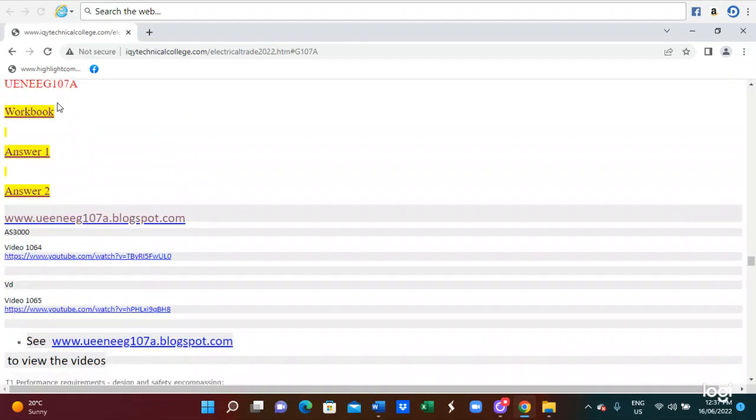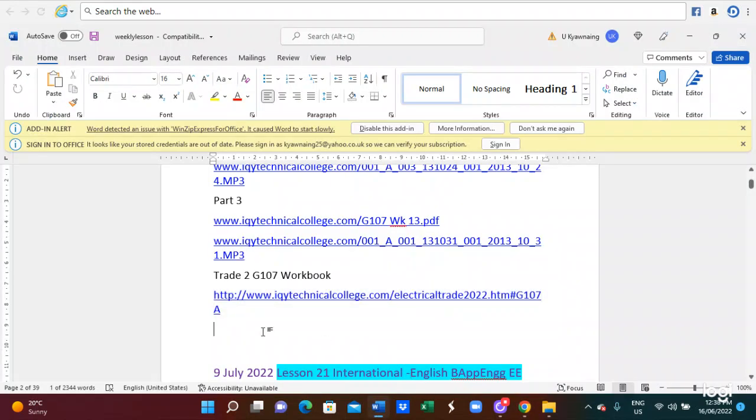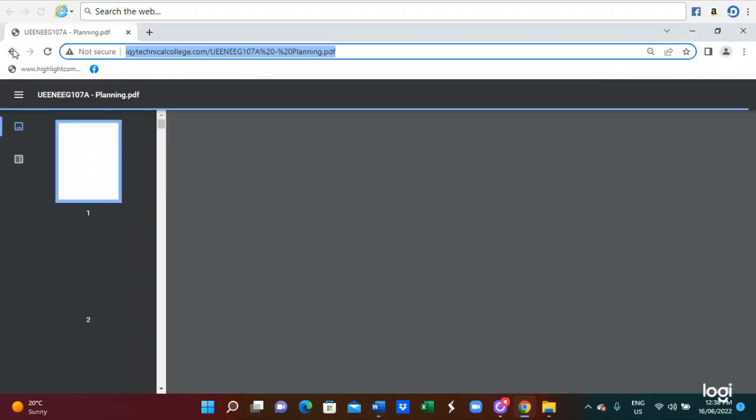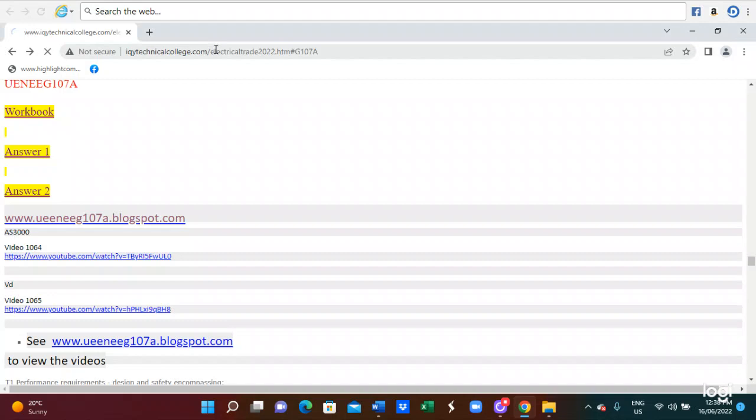This workbook you download. So this is the workbook here. This workbook you download. And this is the answer. The answer one you download and study.